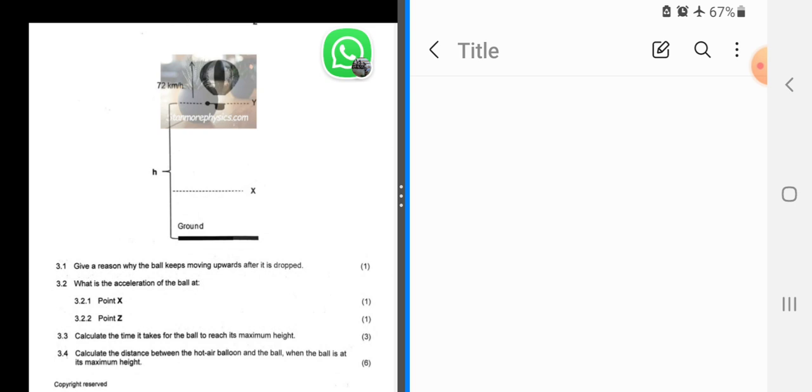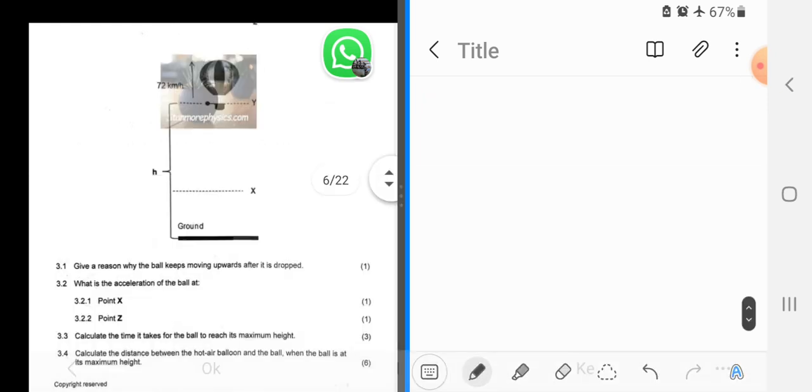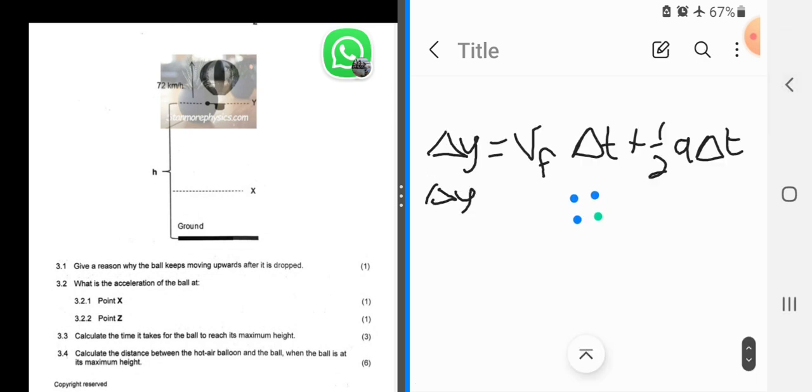I will use another formula: final velocity, change in time, we have the final velocity plus 1/2 change in time. So this is the formula that we're going to use. We'll say change in y. Let me do this.